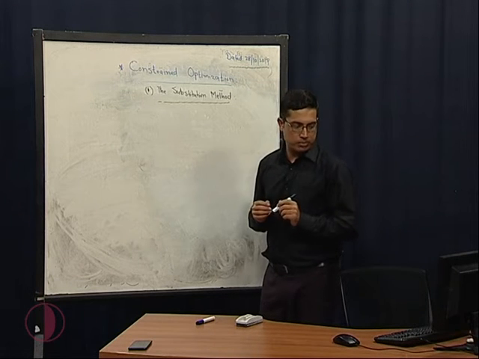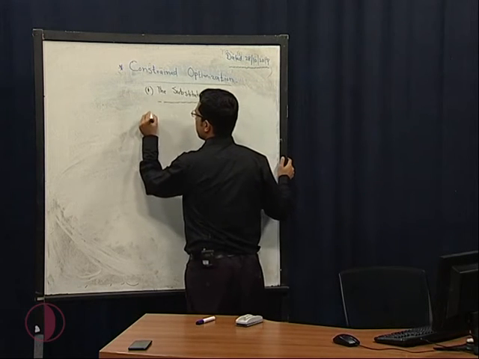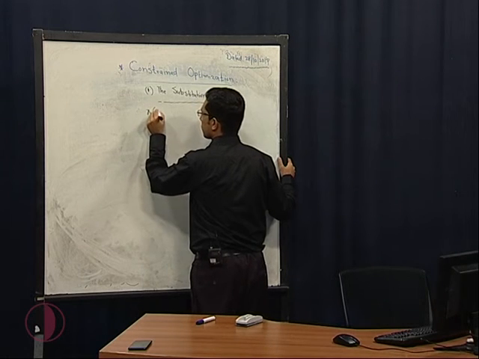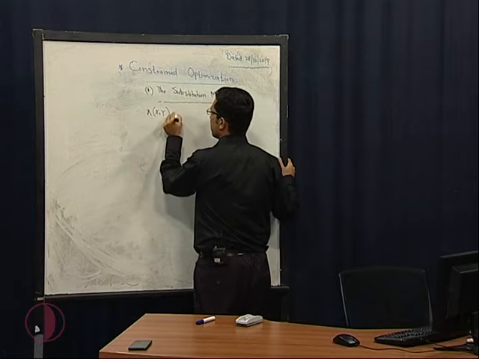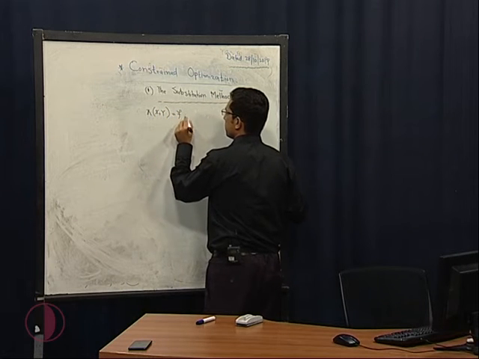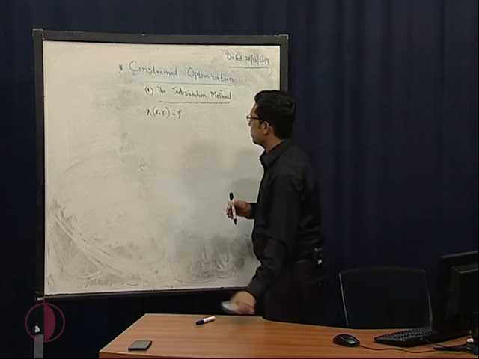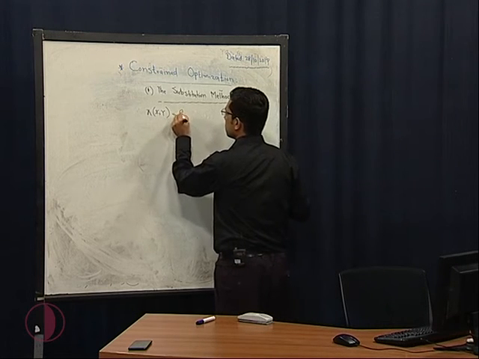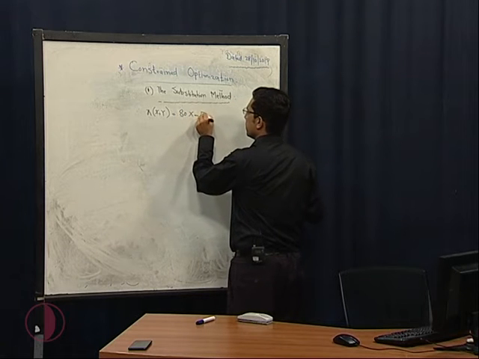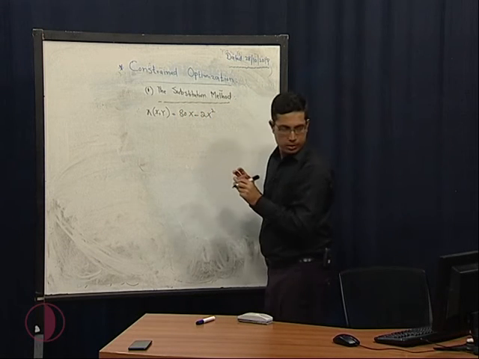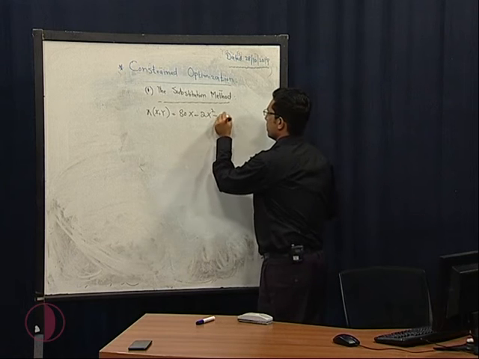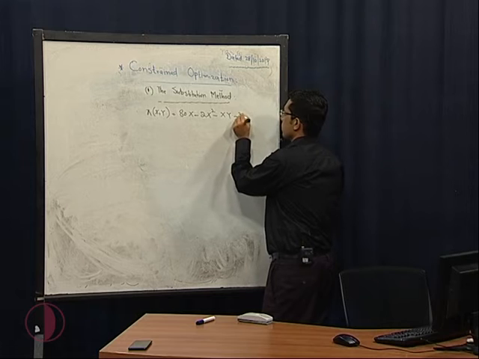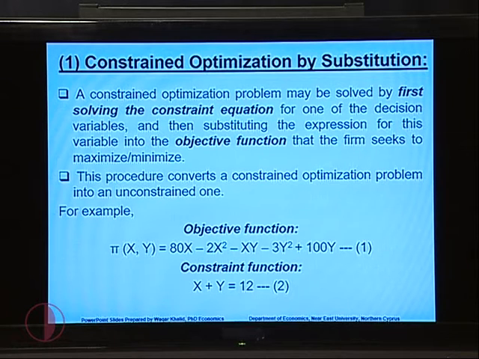For example, we have the objective function profit(x, y). These are the decision variables. Profit is equal to 80x minus 2x square minus xy minus 3y square plus 100y.